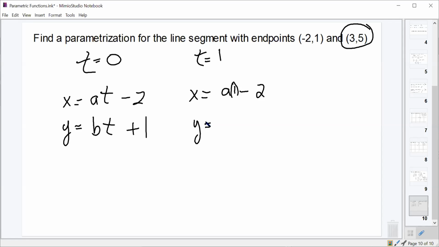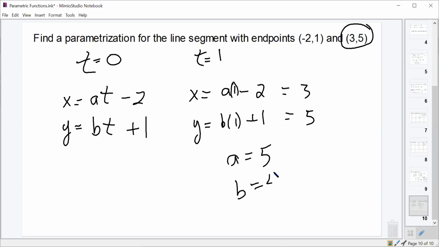And we're going to do y equals our b value times 1 plus our 1. And this has got to equal 3. And this has got to equal 5. And so in this case, a is going to have to equal 5, and b is going to have to equal 4.